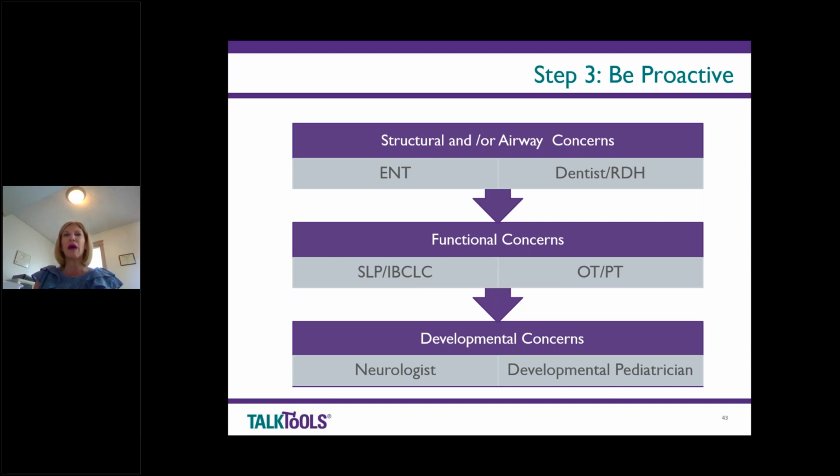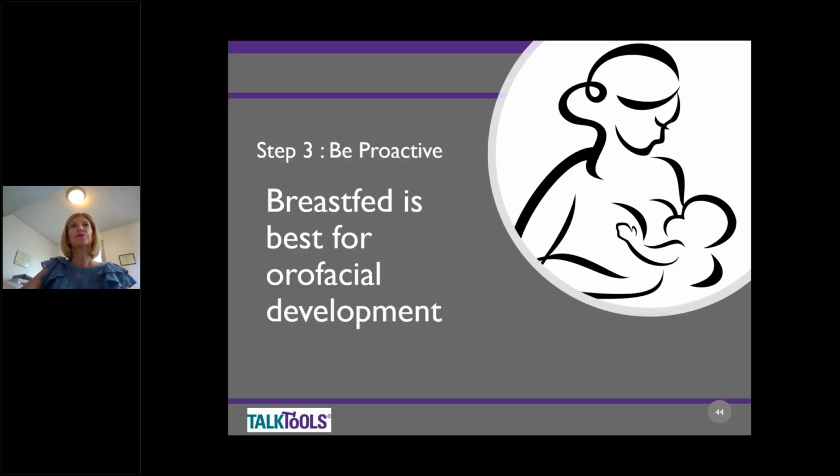She has such a beautiful smile and a beautiful dental alignment, something we often don't see with children with a diagnosis of Down syndrome. So being proactive and getting the right team of professionals can really help.